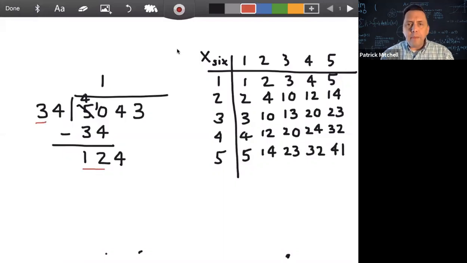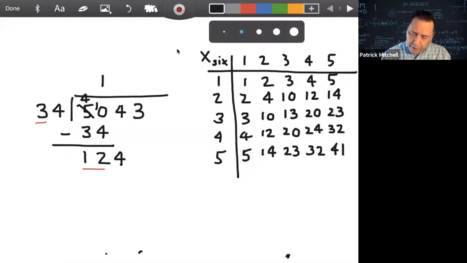So if I look at my multiplication table, in the 3 row, 3 times 2 is 1, 0. 3 times 3 is 1, 3. So my best guess, actually it's not a guess, 3 goes into 1, 2, 2 times, okay? So that might be my best guess for how many times 3, 4 goes into 1, 2, 4. So I'm just going to try it.